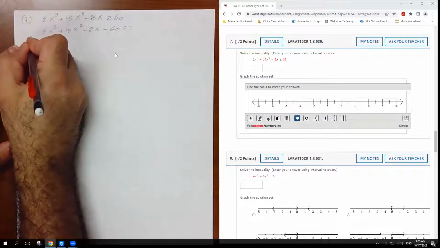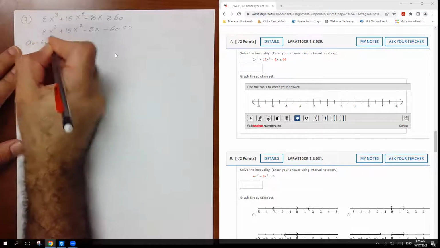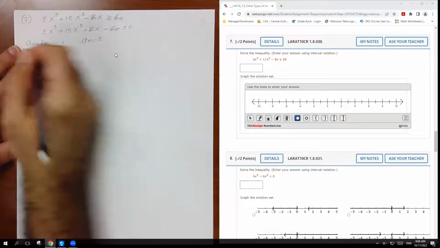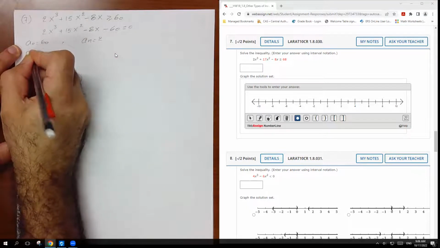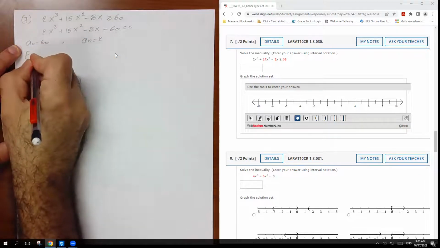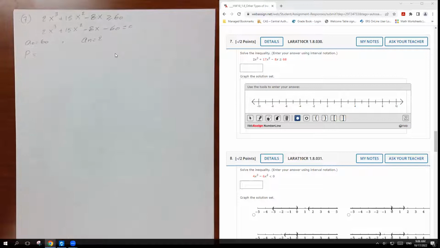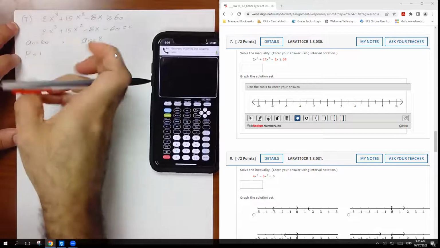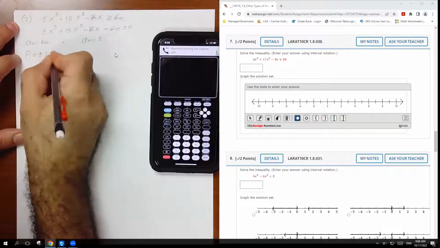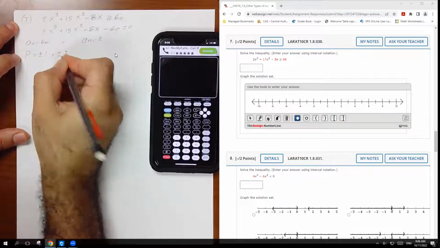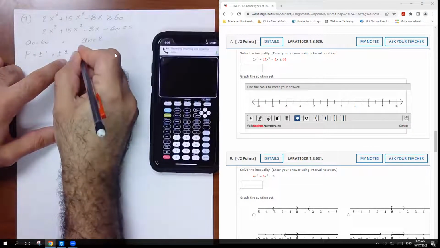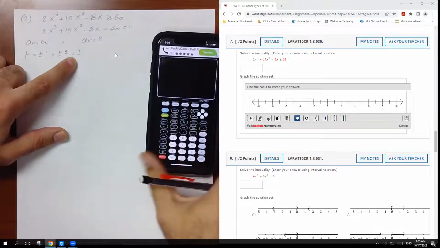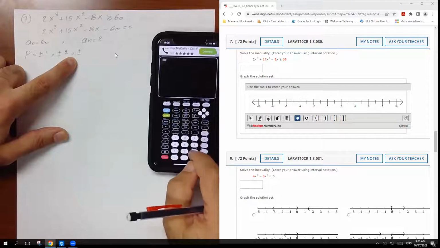So we already know A naught is going to be 60, and A n is going to be 2. P is the factors of A naught, which is 60. Let's find the factors of 60. First of all, plus or minus 1, and then plus or minus 2, because 2 times 30, plus or minus 3 times 20, because 60 divided by 3 is going to be 20.